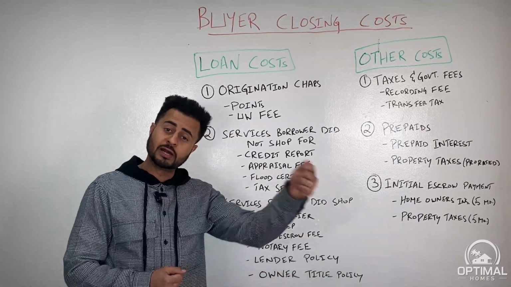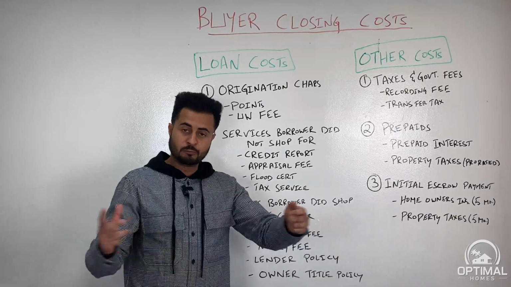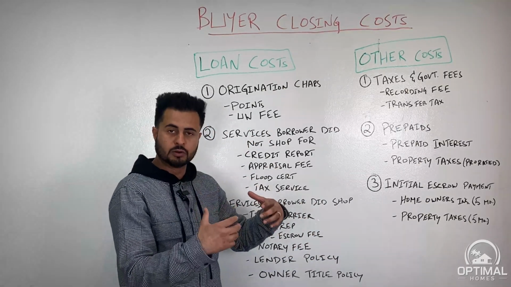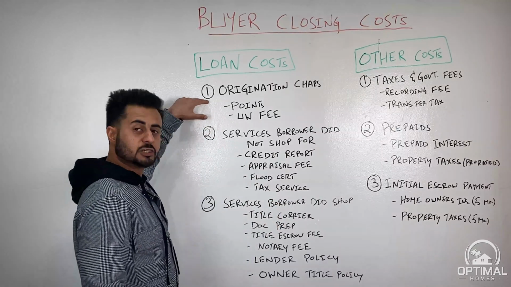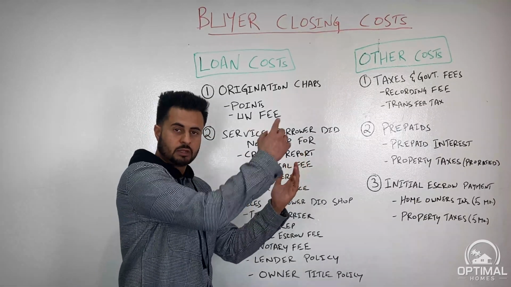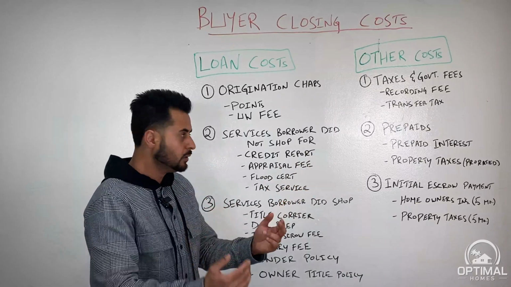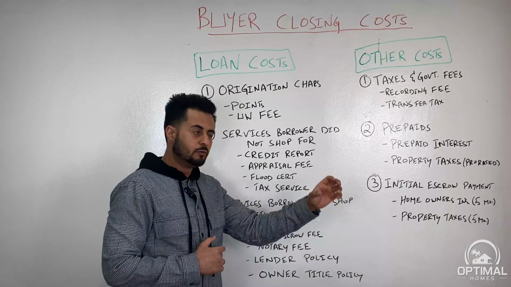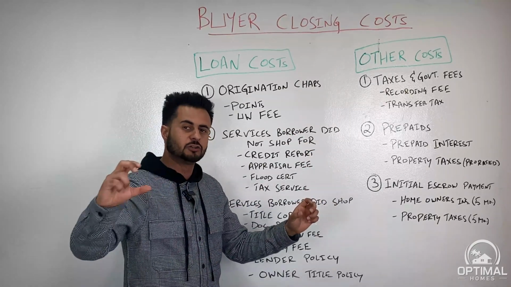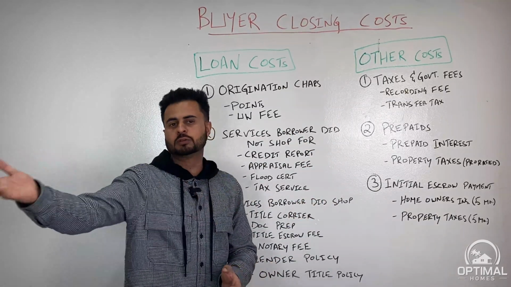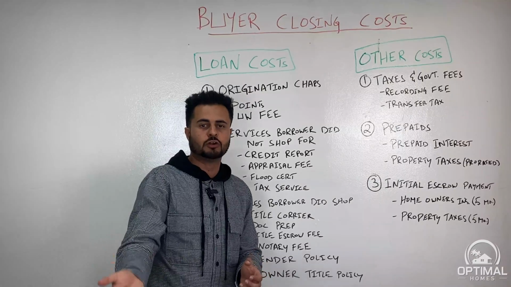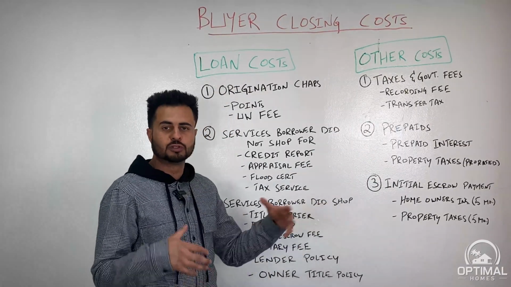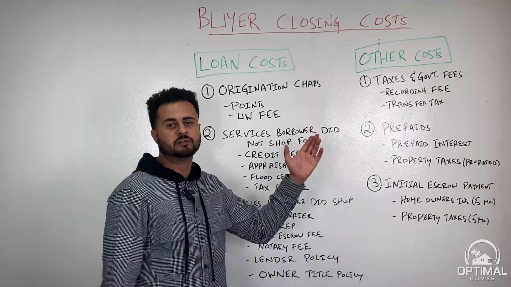Well, you get a loan estimate from both lenders, and you look at it, and you look under origination charges, and you see what rates both of the lenders have given you, and you look at the points. If one lender is charging you points for the same rate and the other lender is not charging you points, well, you want to work with the other lender because that lender is charging you less in points. The other stuff right here is all trivial. You need to understand it, but it's all very, very standard.